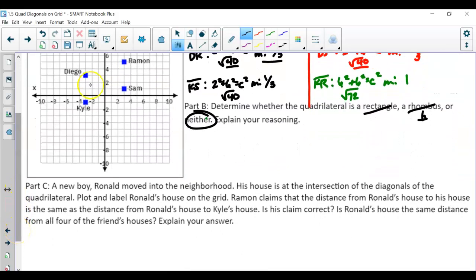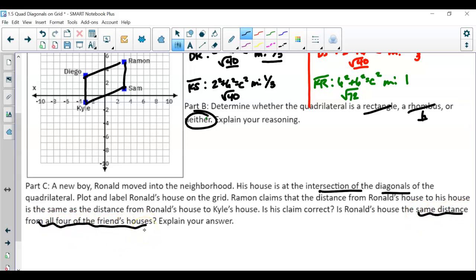Then the last problem, let me go back and redraw, was asking if Ronald's house, that they were claiming is the same distance to Kyle's house at the intersection of the diagonals, which means if it's the same distance from all four friends' houses, then what are we asking for?